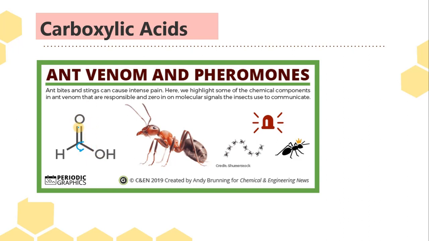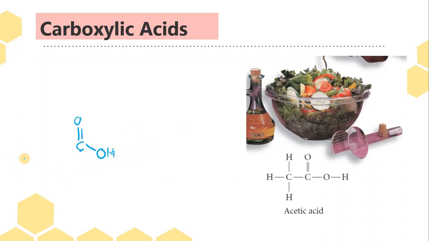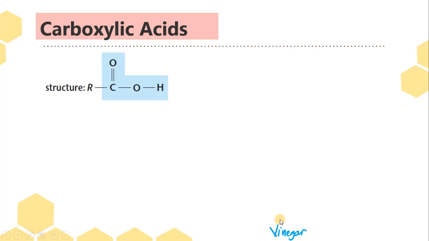So what could this double bond O, OH be? Another example of carboxylic acids is acetic acid, or the vinegar, okay, vinegar.